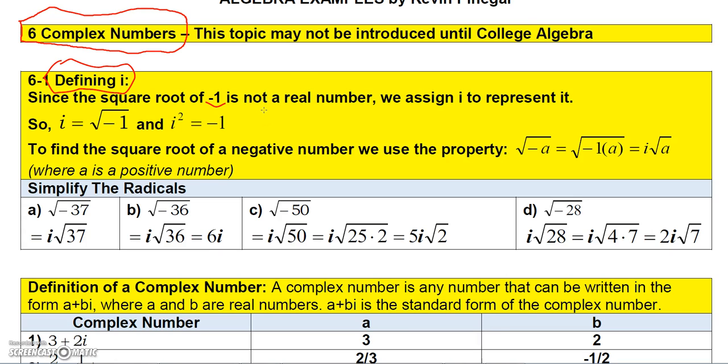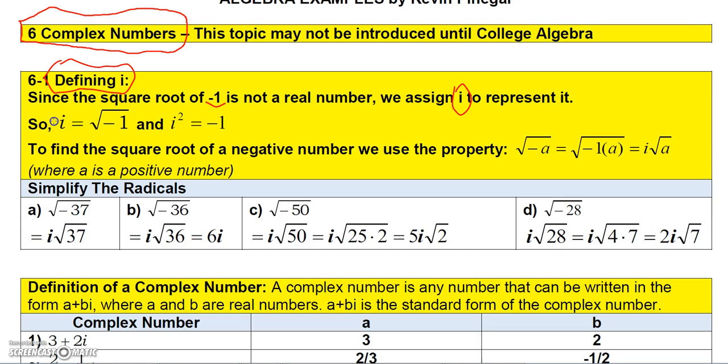If you square 1, you get 1. If you square -1, you get 1. But you can't square a real number and get -1. So we're going to assign i to represent the square root of -1.